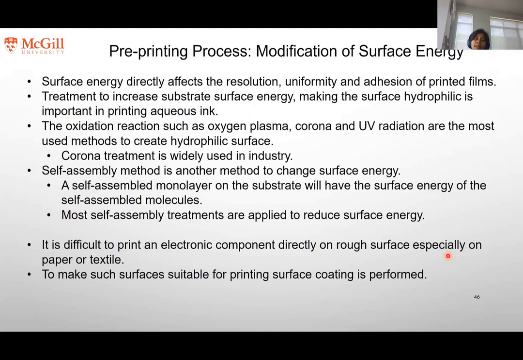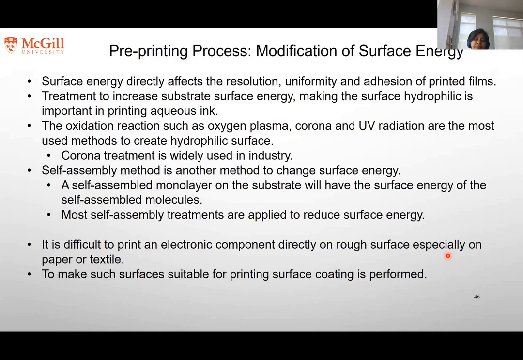Another thing is the surface modification technique. I'm not going to go into too much detail, as I already talked about surface modification in the metal conductor part. We saw that many times the ink doesn't adhere properly and we need to treat the surface to get better adhesion and durability of the printed layer.